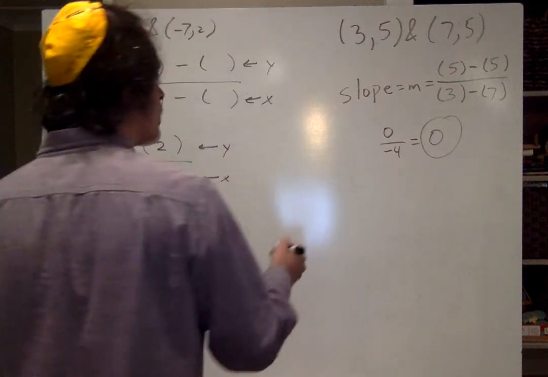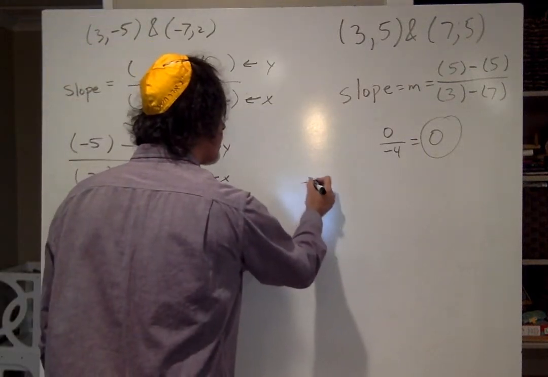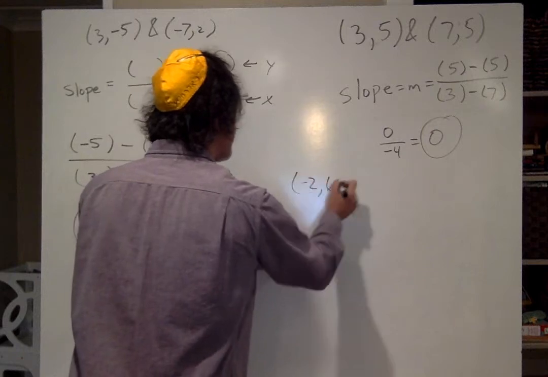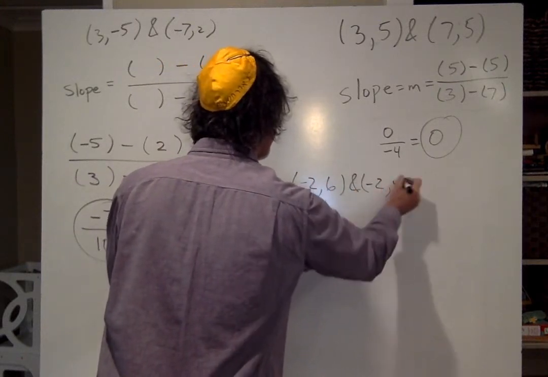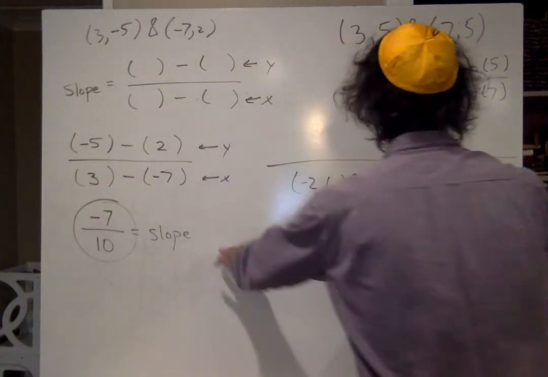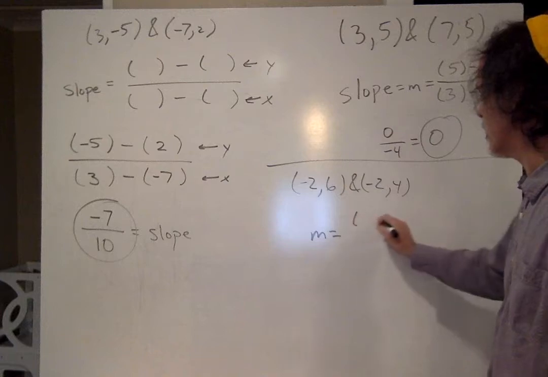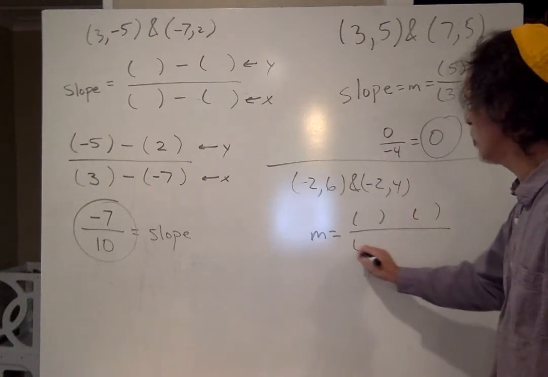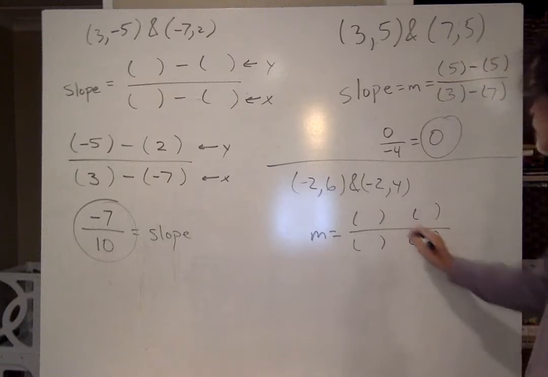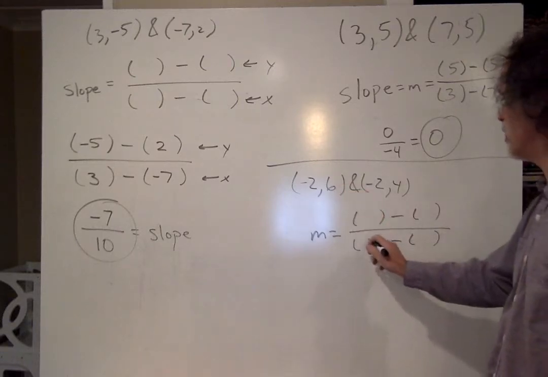Similar thing, if I do constant x, let's do (-2, 6) and (-2, 4). Then the slope, m equals, let's set it up: parentheses, parentheses, over, parentheses, parentheses, minus, minus. Write the first point, 6.